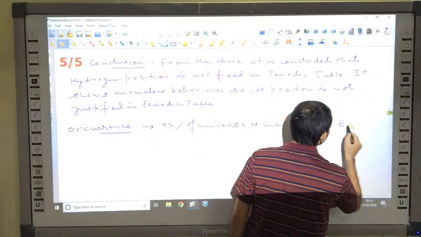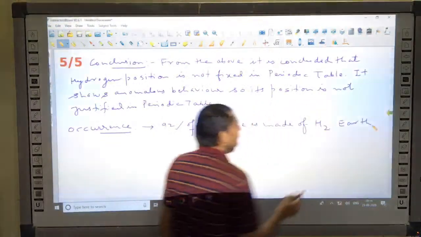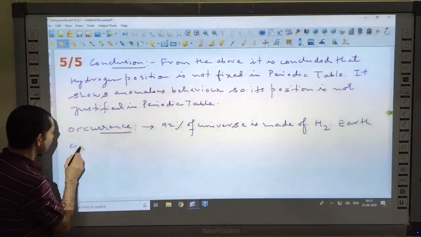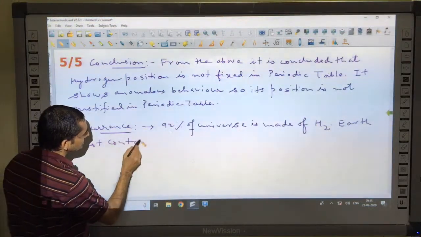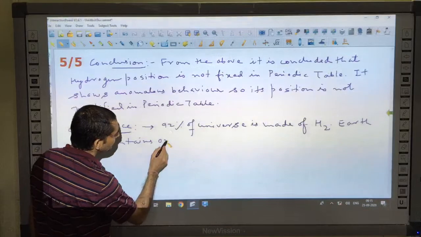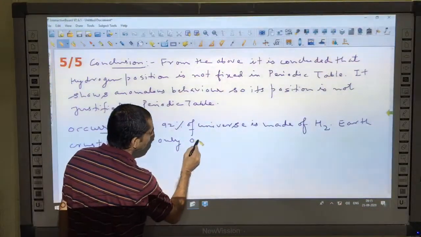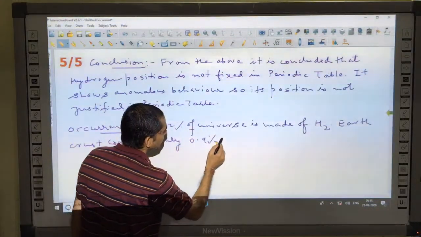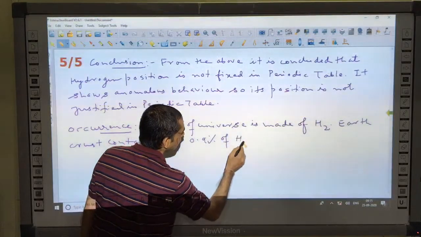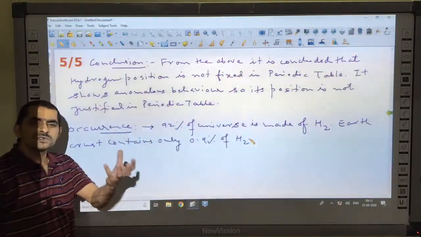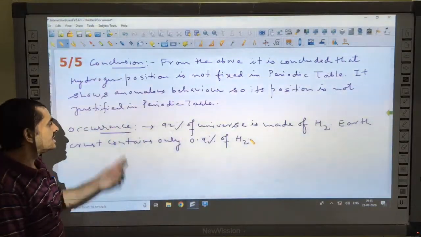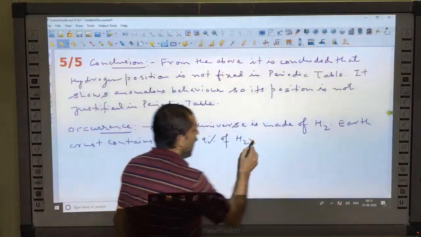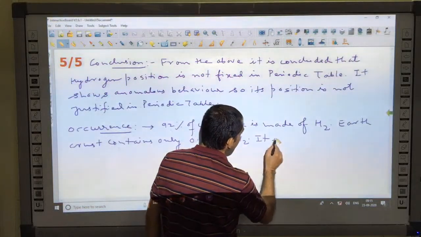Earth crust contains only 0.9% of hydrogen. Earth crust is containing hydrogen in a very minute amount, but the entire universe is made up of hydrogen.